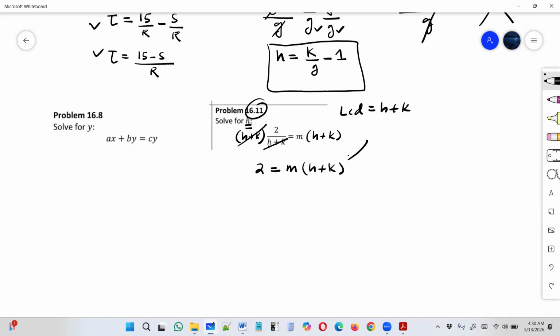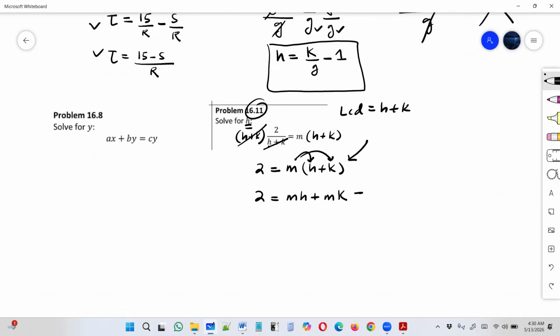At this point, this becomes similar to that example we saw just a couple minutes ago. We're solving for h, which means that because of the parentheses, m has to be distributed here and there: mh plus mk.